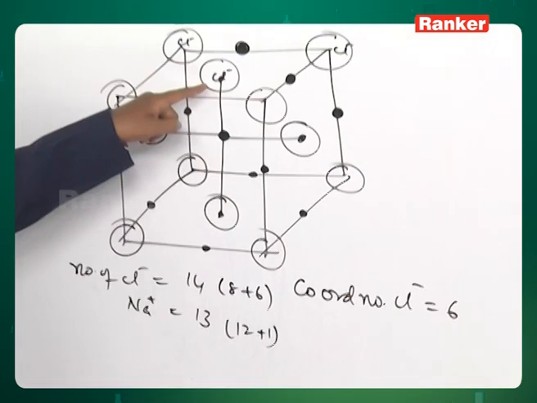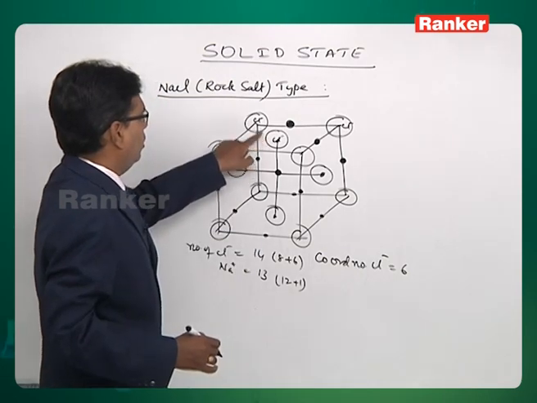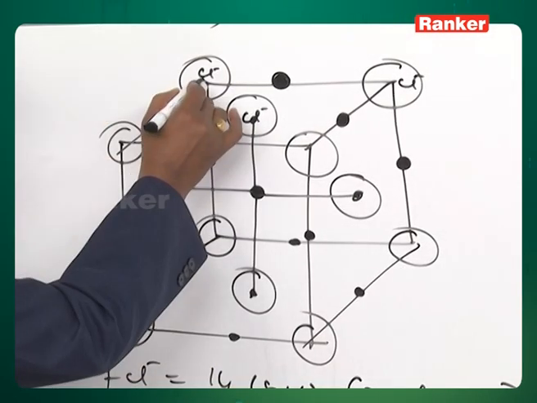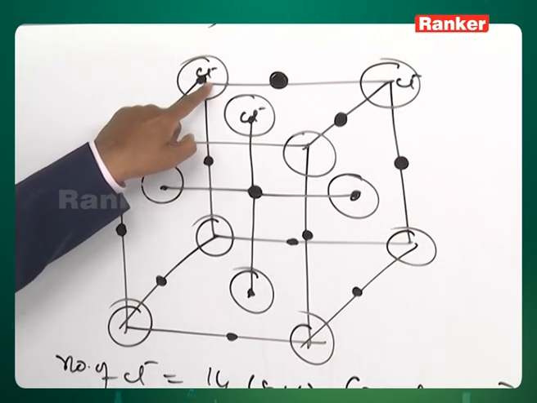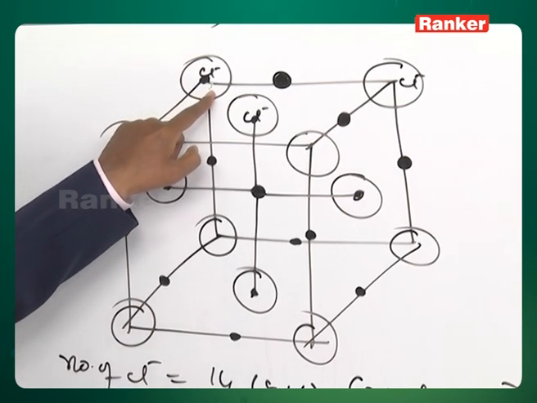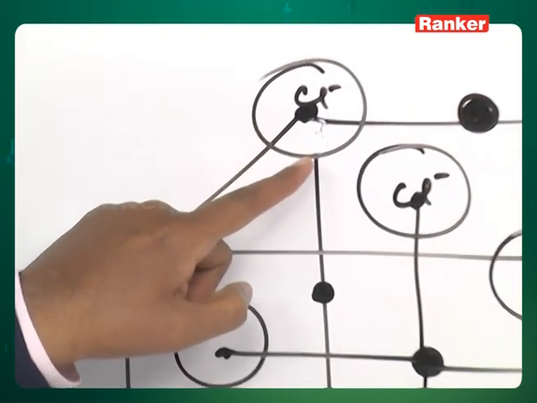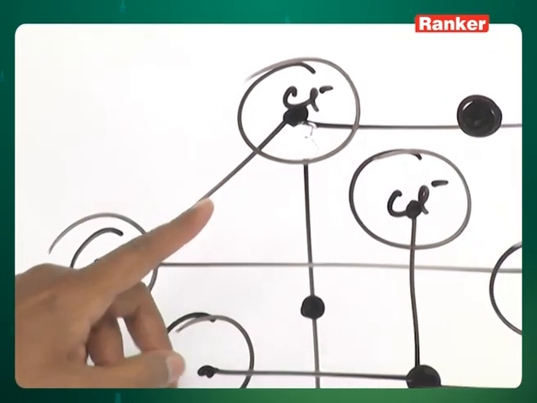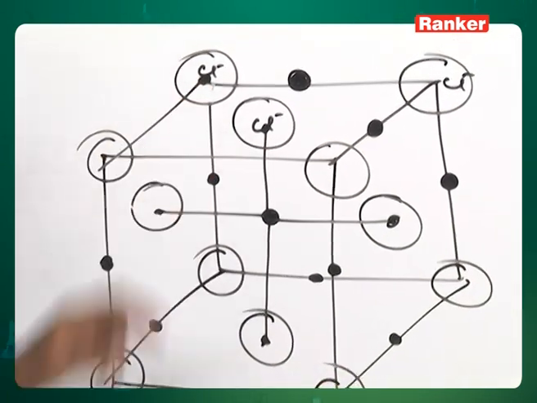Similarly, this is for sodium ion, 6. Similarly, if you look at one chloride ion, if you consider this chloride ion at the corner, from that corner you can draw 6 faces, and your sodium ions are at the edge centers. So, 6 edge centers with which it will be in contact.